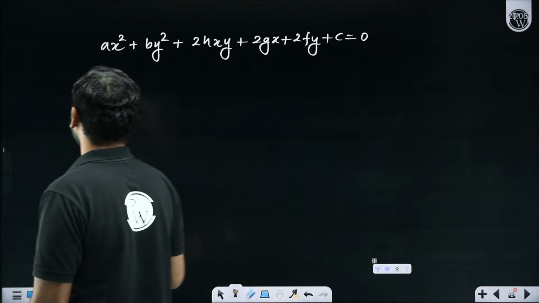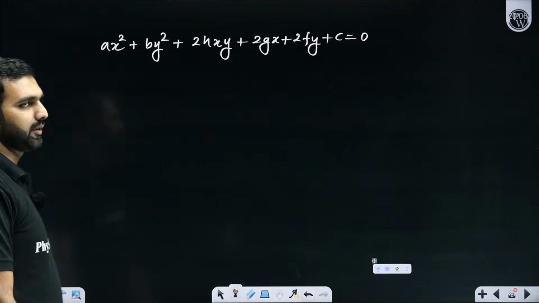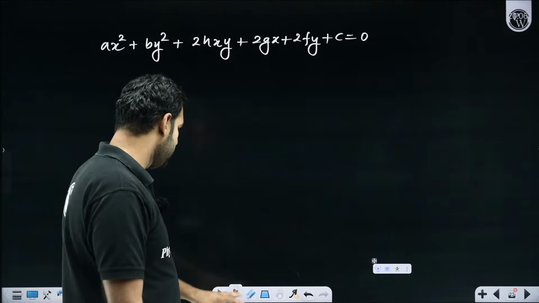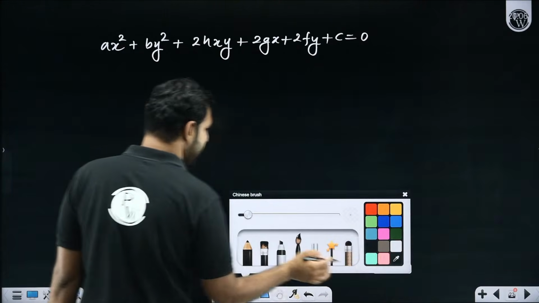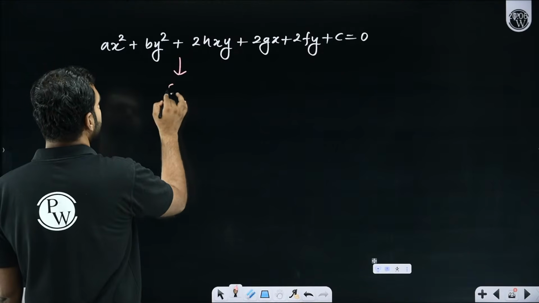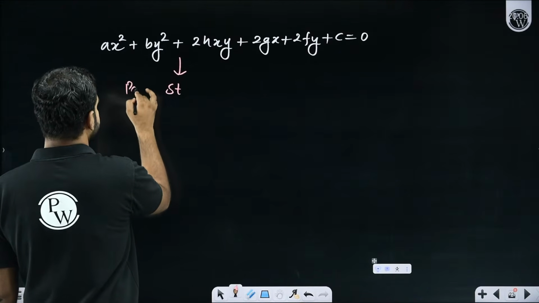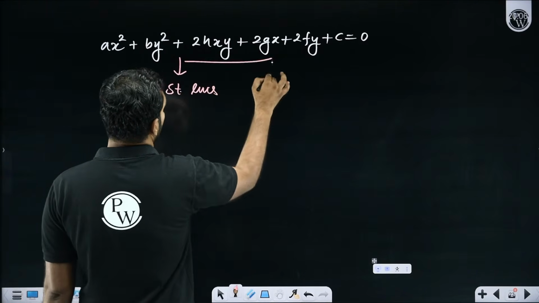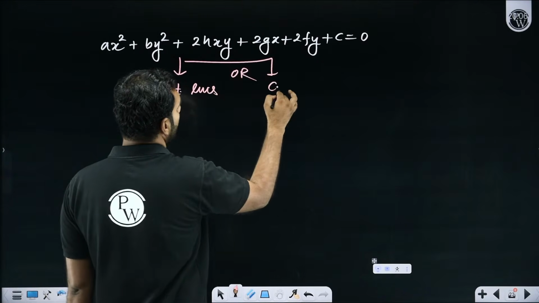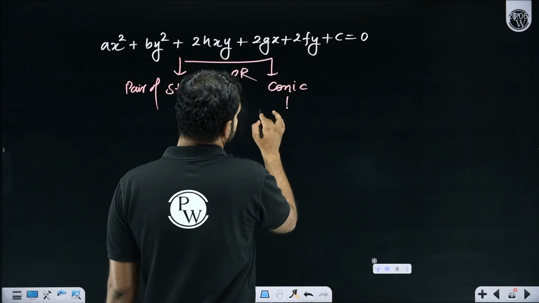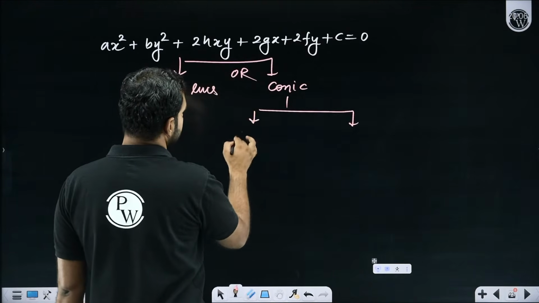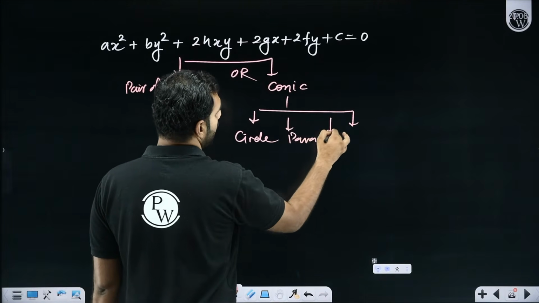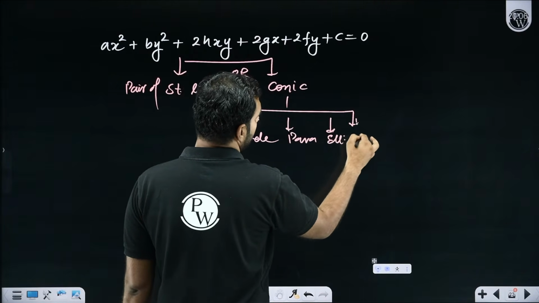Now in 11th standard, I'm sure you must have studied this, that it can represent either a pair of straight lines, or it can represent a conic. Now when it represents a conic, it can represent either a circle or a parabola or an ellipse or a hyperbola.